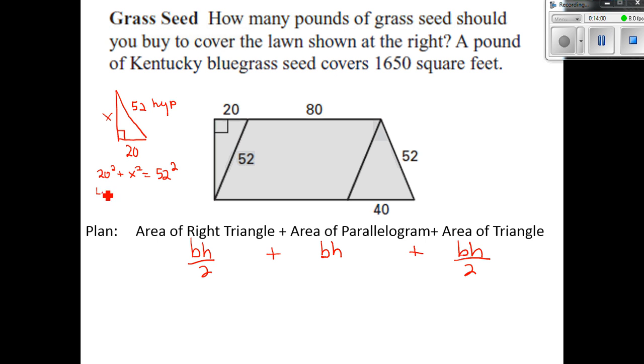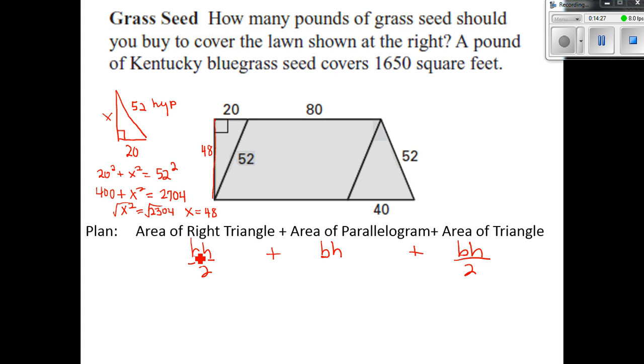All right, so 20 squared is 400. x squared equals 52 squared. 52 squared is 2704. Subtract 400, I get 2304. Square root both sides, and x equals 48. So that height is 48.